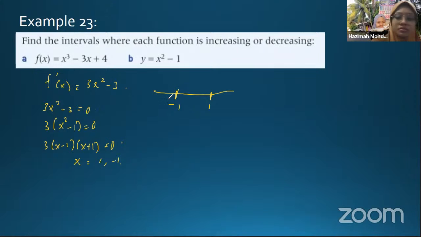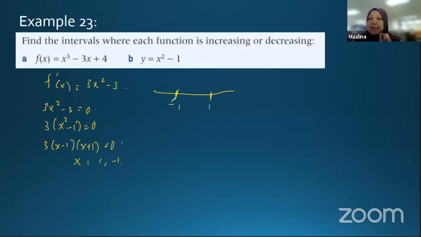Yes, 0, because it is a turning point, or a stationary point, where the graph changes from increase to decrease or decrease to increase. Will we need to include negative 1 and 1 in our interval, or just exclude them? Exclude. Okay, for us it is much easier if we exclude.